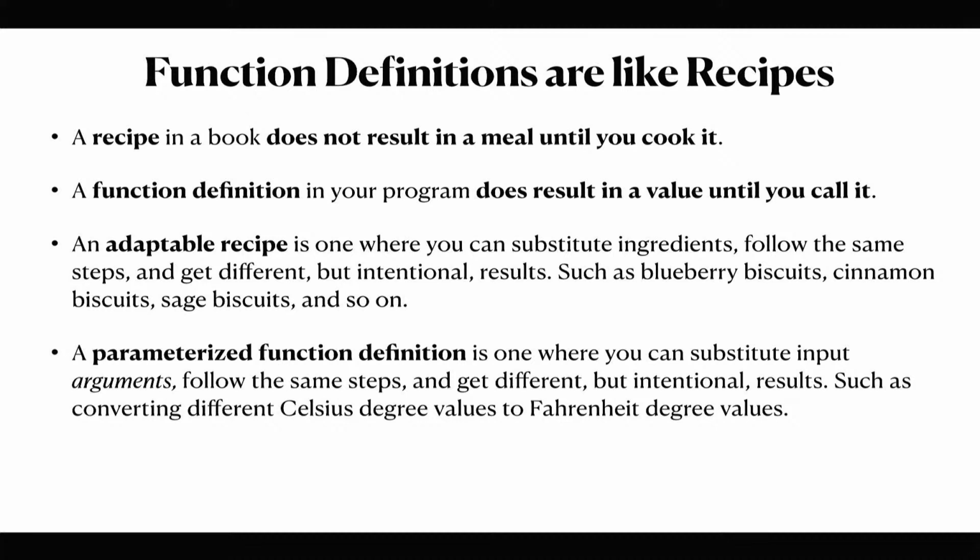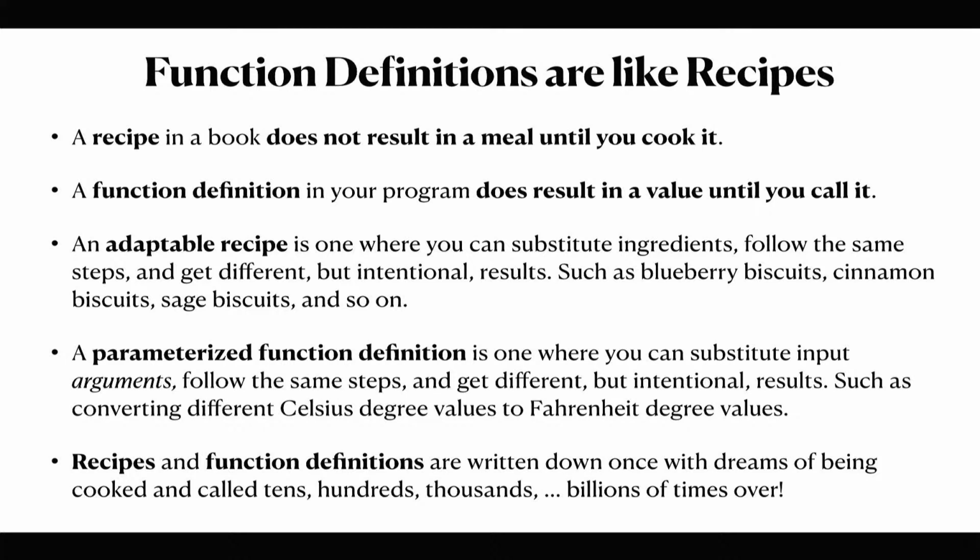So degrees is an int. We can pass this value in, and that's going to allow us to substitute different values into some algorithm such that we're intentionally getting different results. You know, we got a result of 32 degrees for Celsius of 0 and 50 degrees for Celsius of 10. And we substituted different inputs and still made meaningful use of this algorithm. And this is how we get flexible functions that we can reuse in different contexts.